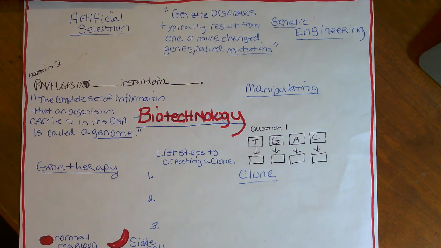So starting at the top, let's go ahead and put down the definition of artificial selection. Remember, artificial selection and selective breeding mean the same thing. If you go to this page, you will find the definition.